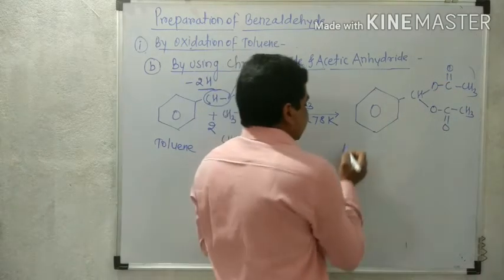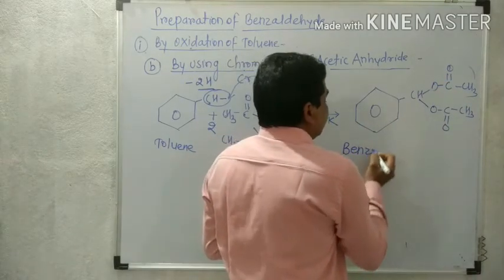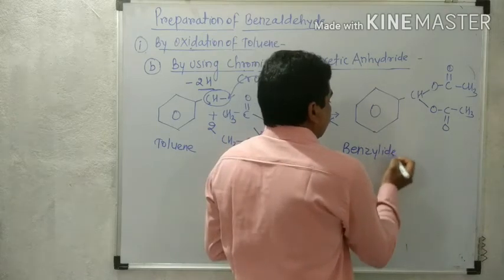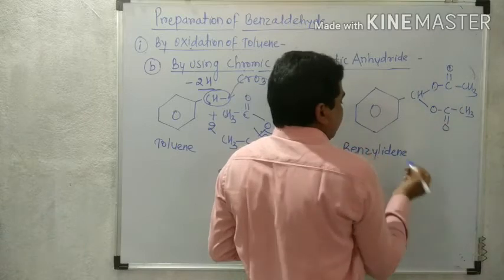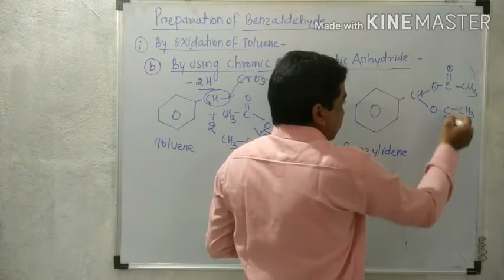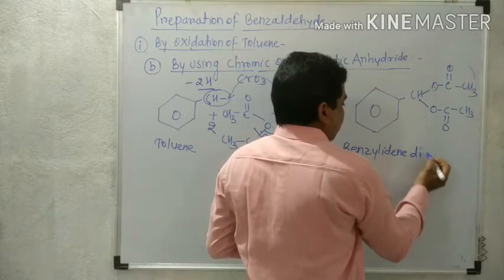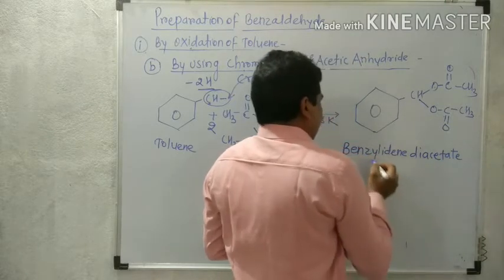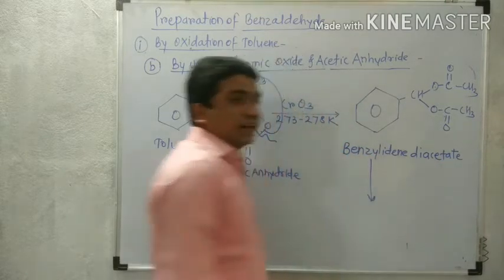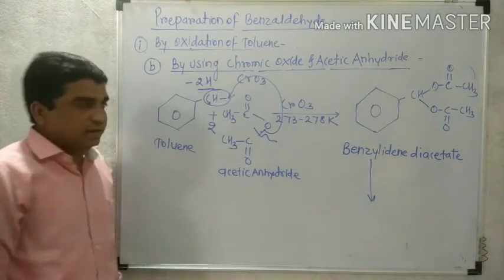Therefore, it is benzylidene, and this CH3COO group is called acetate, and there are two acetate groups. Therefore, benzylidene diacetate is the first addition product obtained.